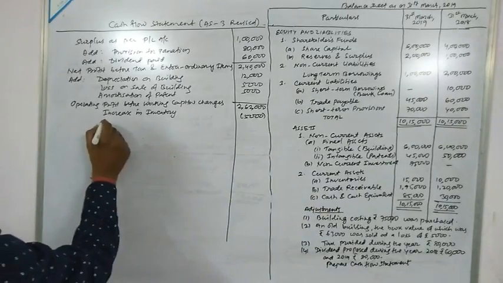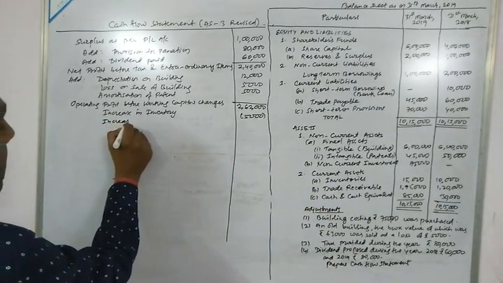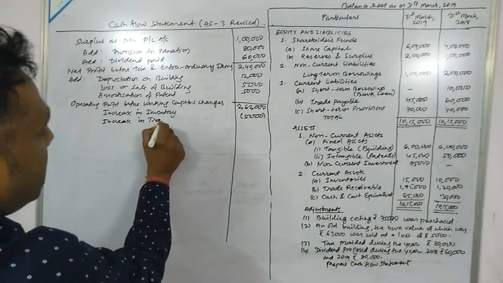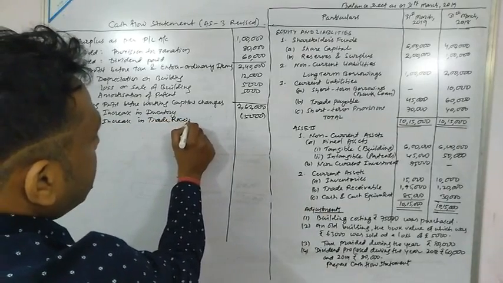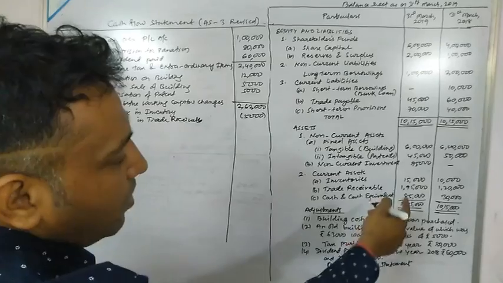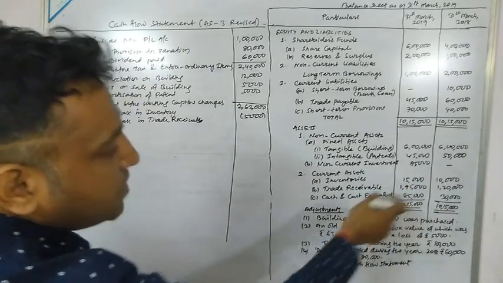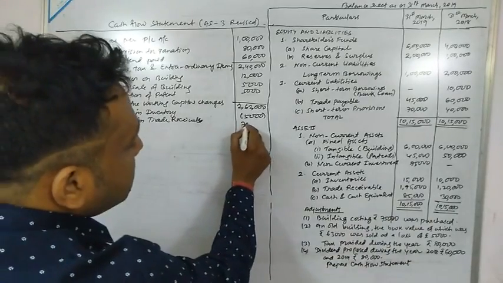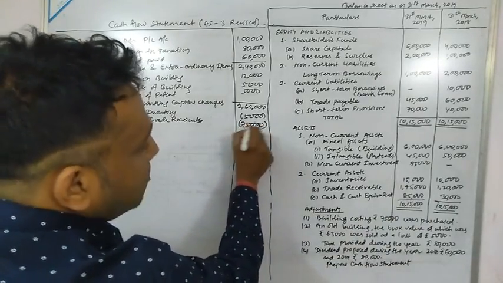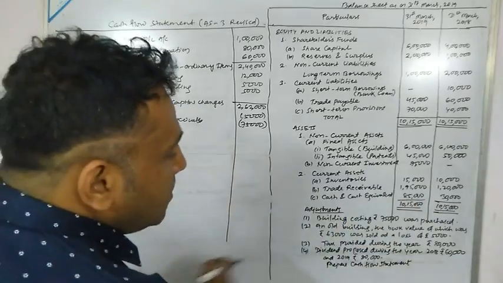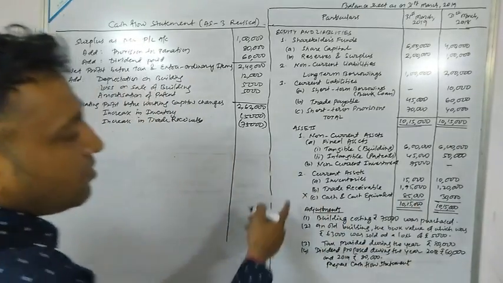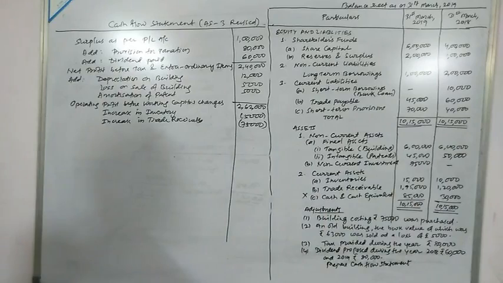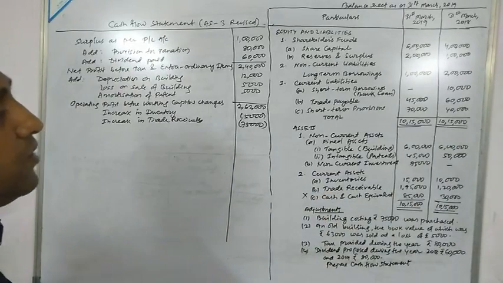So there is also an increase in trade receivable. 195 minus 120 would be 75,000. Now we do not have to consider cash and cash equivalent.